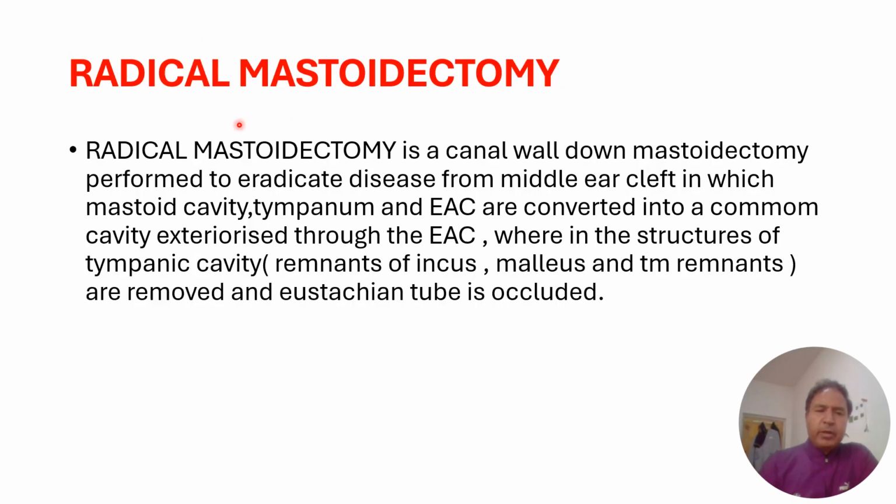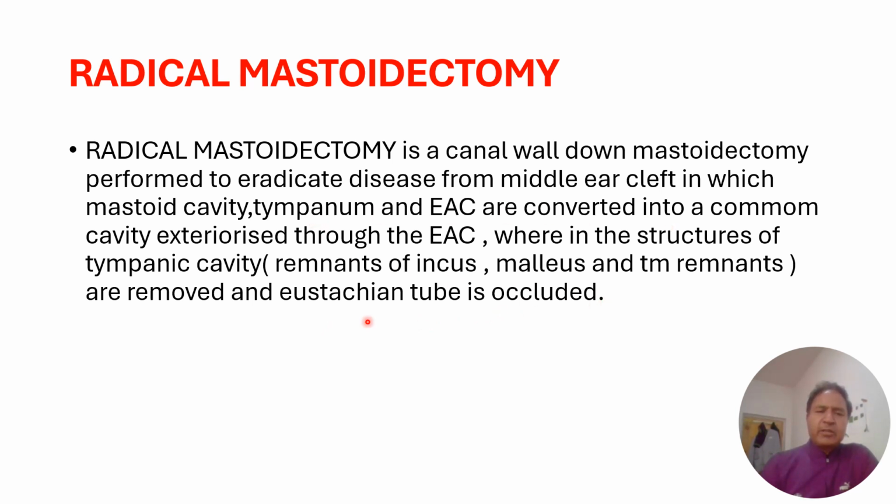Radical mastoidectomy. Radical mastoidectomy is a canal wall down mastoidectomy performed to eradicate disease from the middle ear cleft, in which the mastoid cavity, tympanum, and EAC are converted into a common cavity exteriorized through the EAC. The structures of the tympanic cavity, remnants of incus and malleus, are removed and the eustachian tube is occluded.